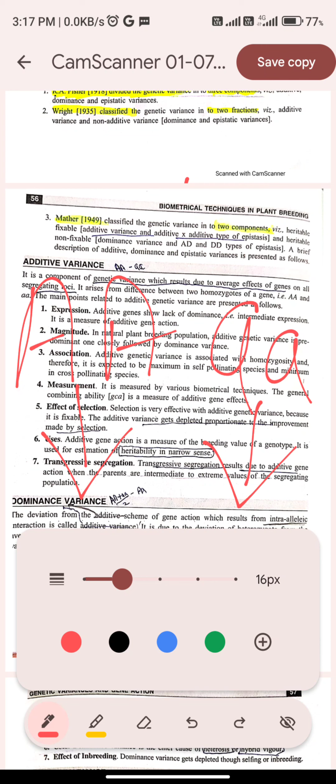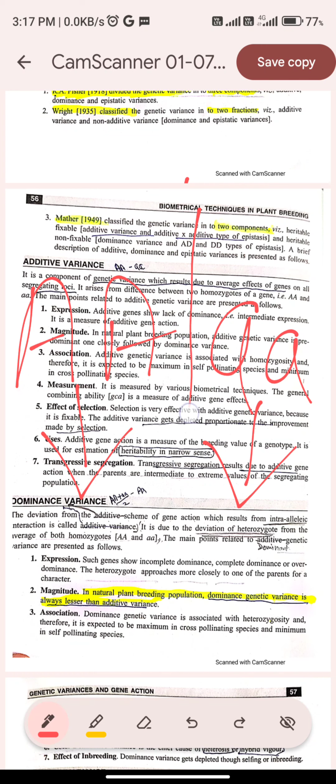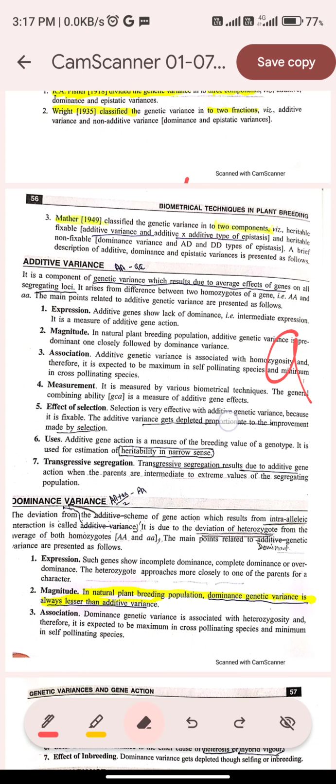Both are homozygotes. The difference between these two homozygotes will give the measure of additive variance. So additive variance expression shows lack of dominance, meaning they will show intermediate expression.